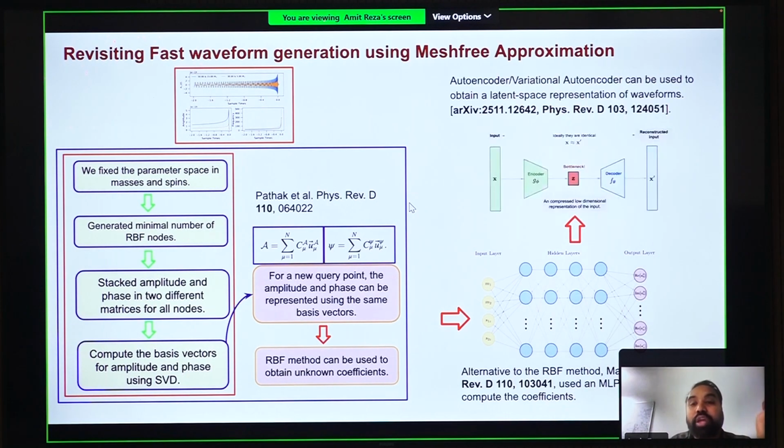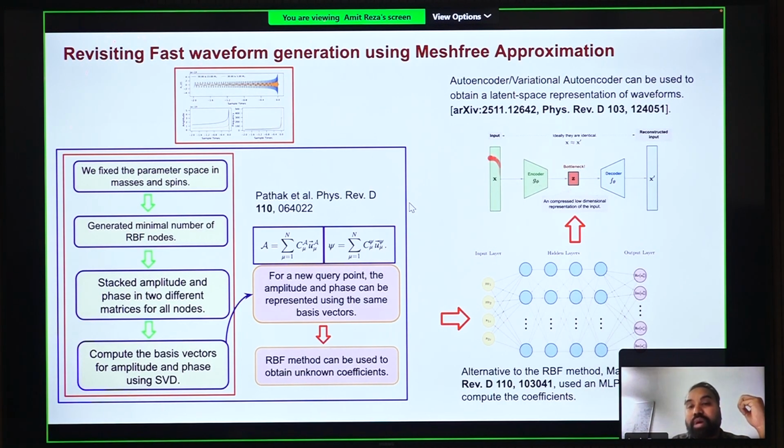A second alternative could be that, rather than going for the SVD-based basis representation, which is nothing but a low dimensional representation, you can use a neural network model called an autoencoder or variational autoencoder. They are a very similar family of models, where you can use the actual waveform and reconstruct it through a latent space representation, and that could be used as your new data representation.